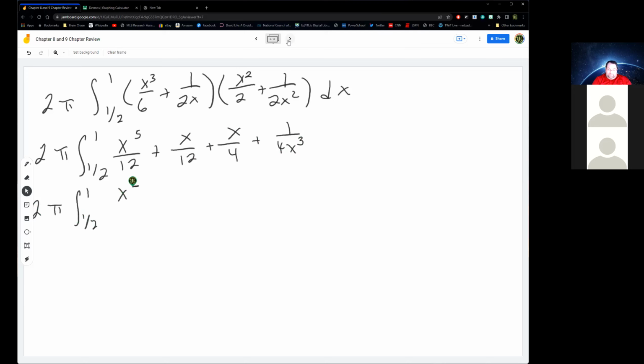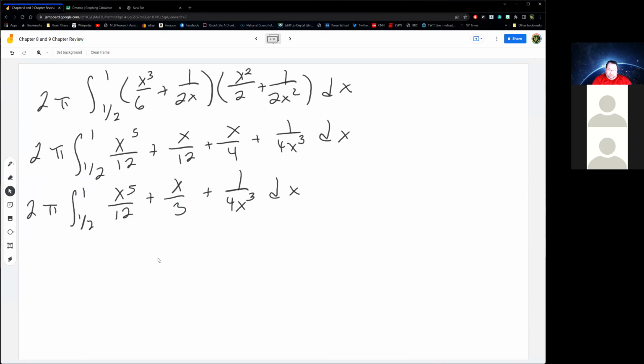So x to the fifth over 12 plus x over 3 plus 1 over 4x cubed. Now we can do our integration.